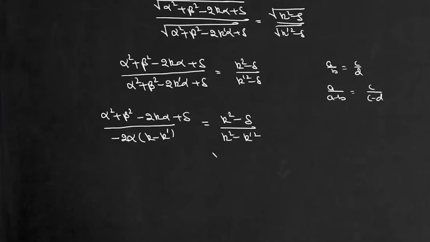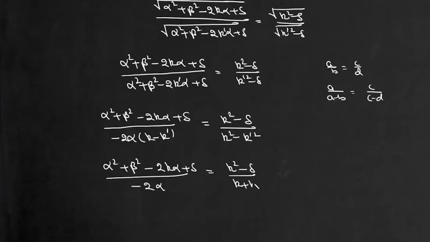Now k minus k dash will cancel, so we'll get alpha square plus beta square minus 2k alpha plus delta upon minus 2 alpha, and that will be equal to k square minus delta upon k plus k dash.